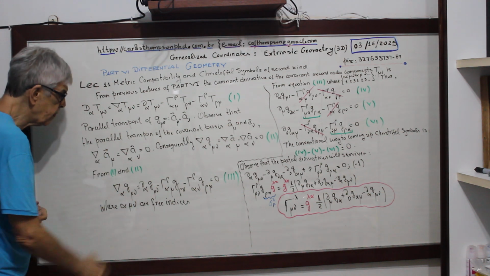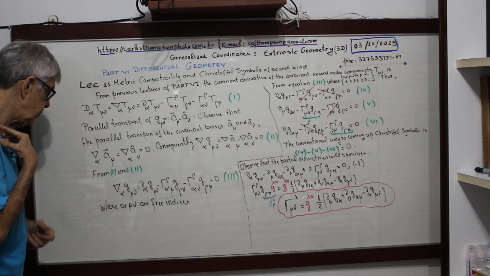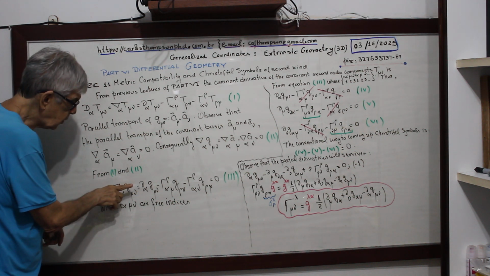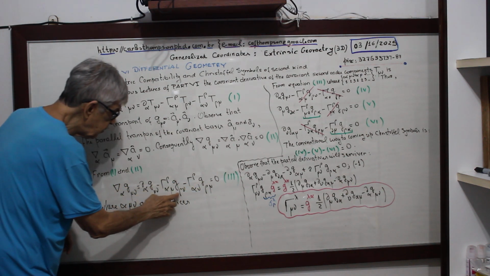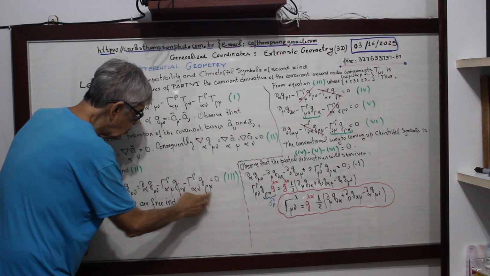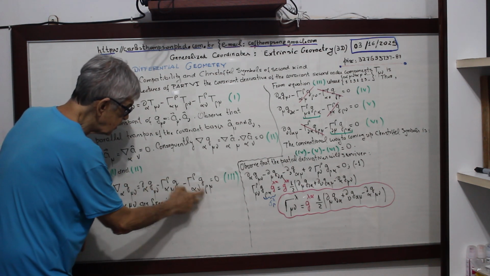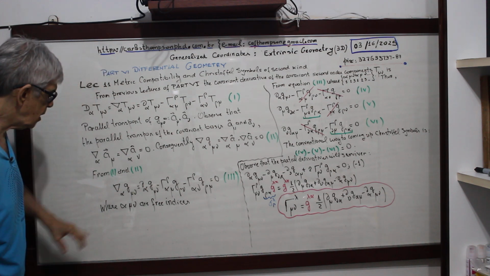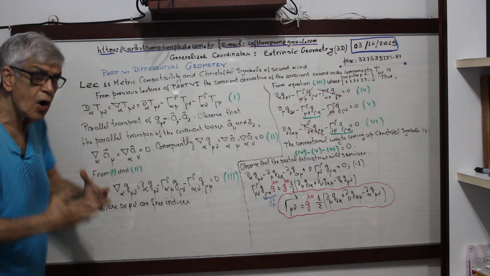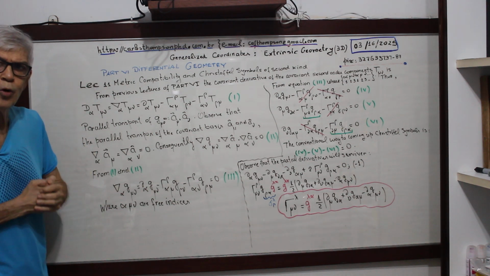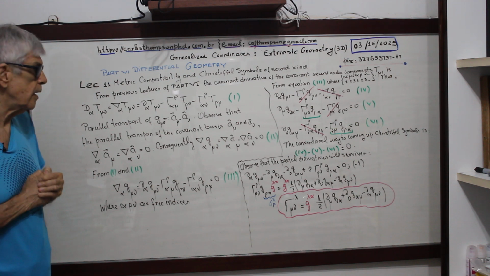On the right-hand side you see α, μ, ν, and ρ is a dummy index. So this equation is the heart of obtaining the Christoffel symbol of second kind.